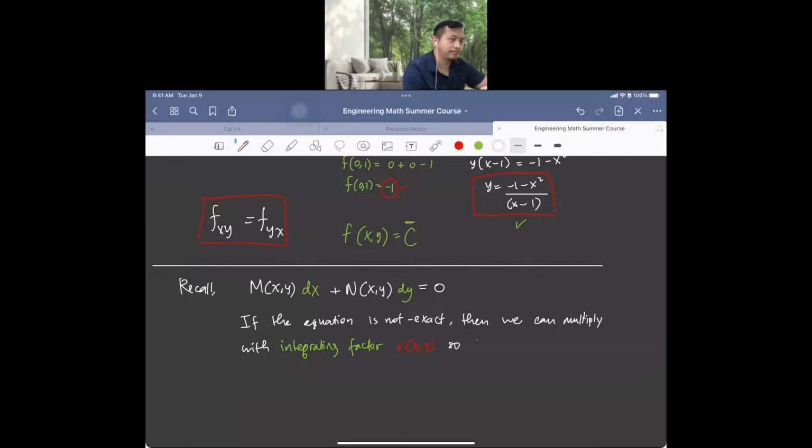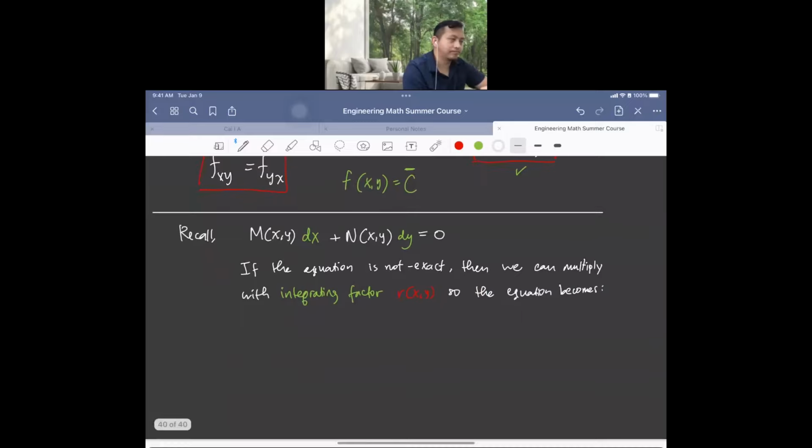So the equation becomes... and then by multiplying this integrating factor, the equation is now exact.